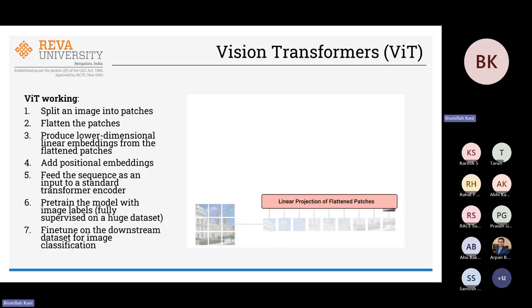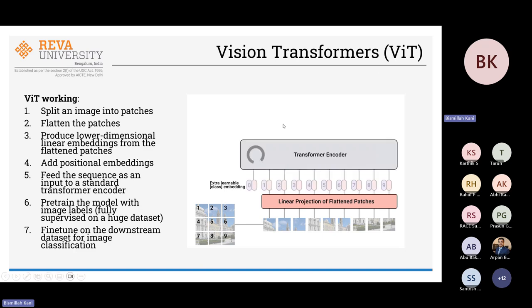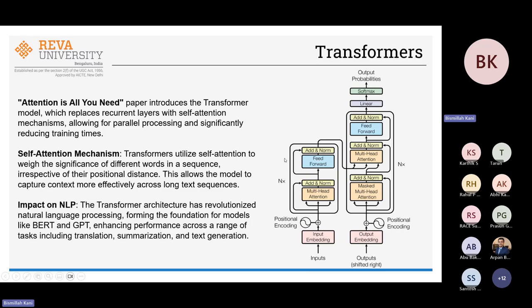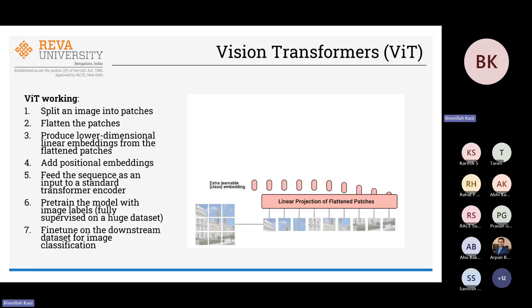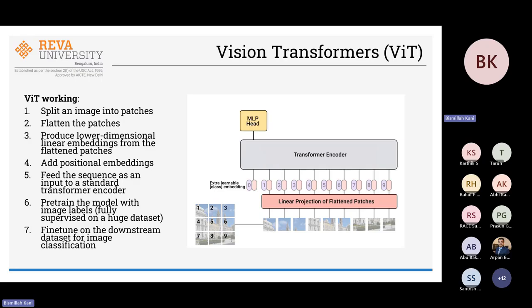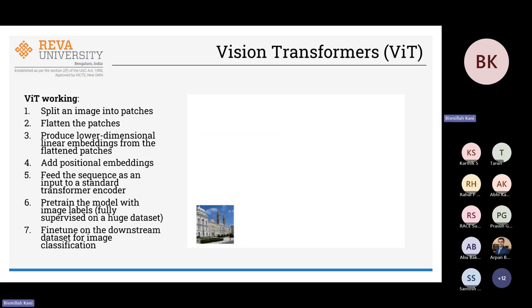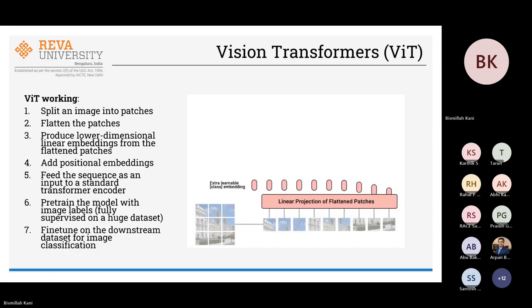We don't need a decoder for that. So once it passes through the transformer encoder, all it needs is the MLP head. MLP head is nothing but this FCN, a multi-layer perceptron. They have different names: multi-layer perceptron, fully connected network, or linear network.